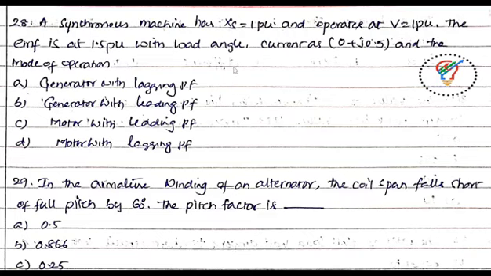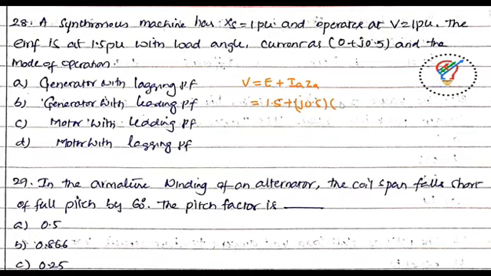The actual thing is, just check the voltages and currents here. Let me take the formula V is equal to E plus Ia into Za. Now what is the value of V? E is 1.5, and Ia is j 0.5, into the Za value, which is j1 per unit.